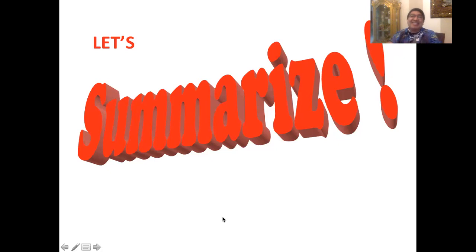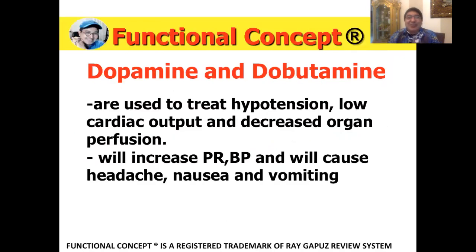So let's summarize. Dopamine and dobutamine are used to treat hypotension, low cardiac output, and decreased organ perfusion. They will also increase pulse rate, blood pressure, and will cause headache, nausea, and vomiting. So these are the similarities in terms of the effects and the potential side effects of both dopamine and dobutamine.